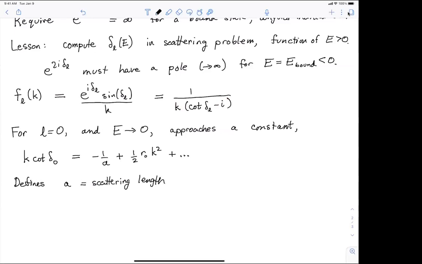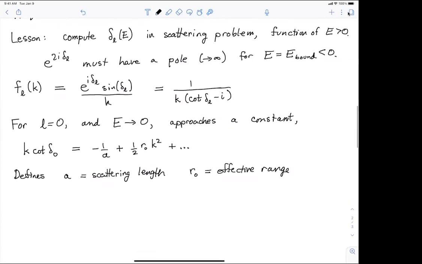And then the coefficient of the next term, R0, is usually called the effective range, which is very confusing because it's not the same thing as the range of the potential when we were talking about the Yukawa potential. This is just a different quantity, but it's also called the effective range. And then I forget what the other coefficients are called, but we're not going to use them anyway.